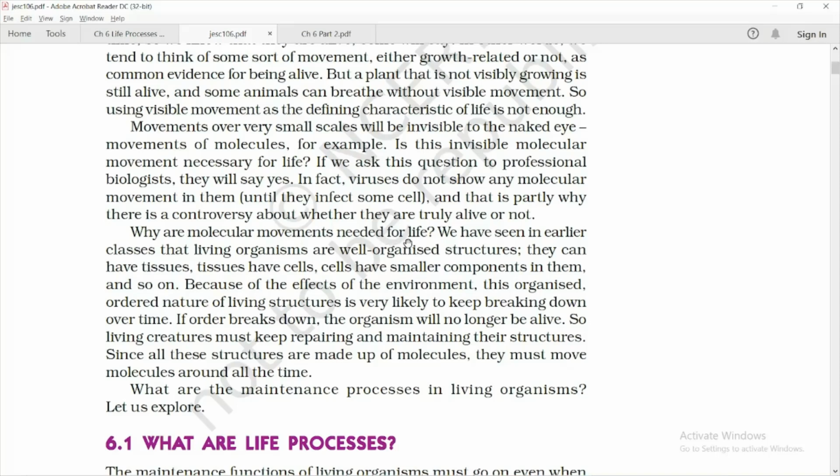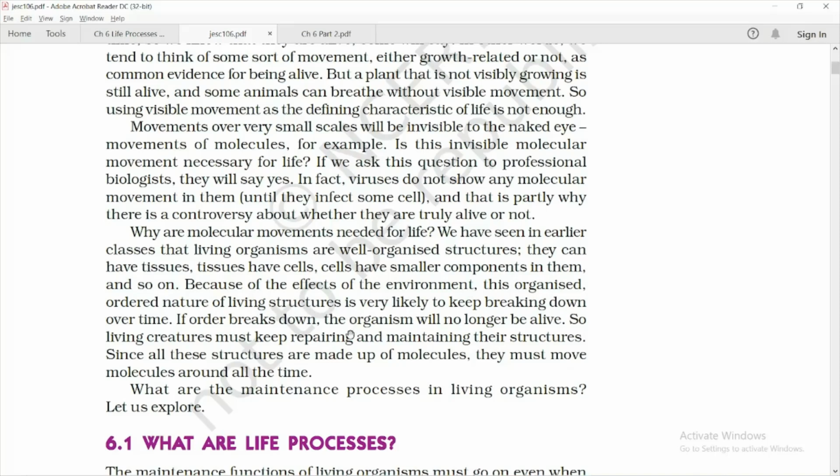Why are molecular movements needed for life? We have seen in earlier classes that living organisms are well organized structures. They have tissues, cells, and small components in them, and so on. Because of the effects of the environment, this organized, ordered nature of living structures is likely to keep breaking down over time.